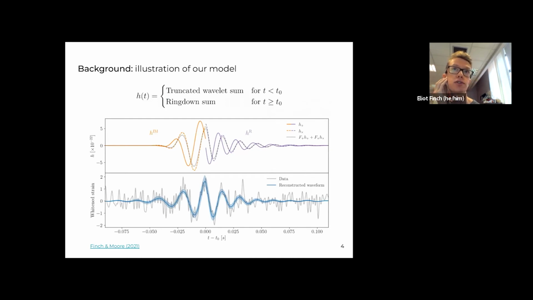So to illustrate the idea behind our method, firstly, ring-down models, because of their abrupt start time, are fundamentally discontinuous, which means a time domain approach is kind of natural because you can apply these sharp cuts to the data. However, it has some drawbacks.